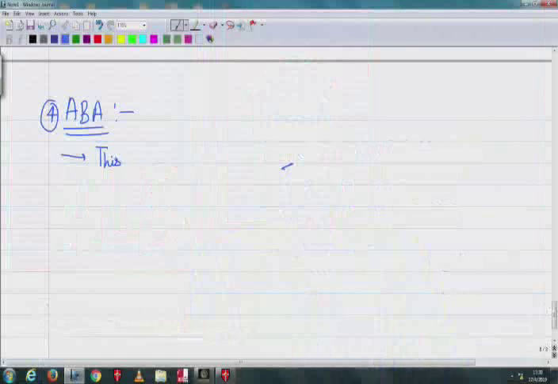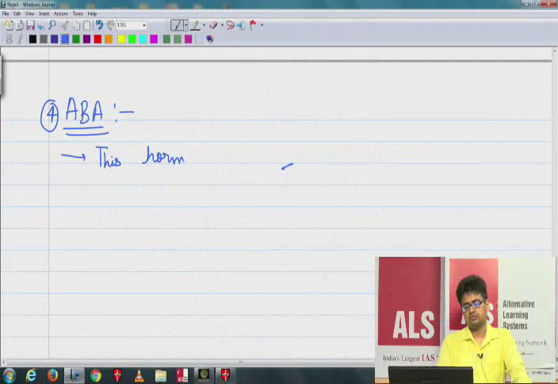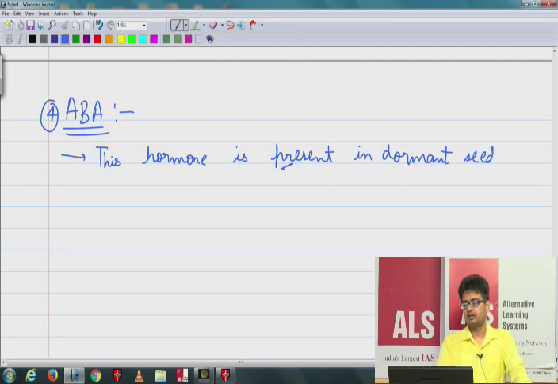This hormone is present in dormant seeds and dormant plant parts.